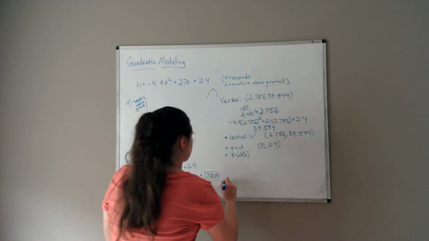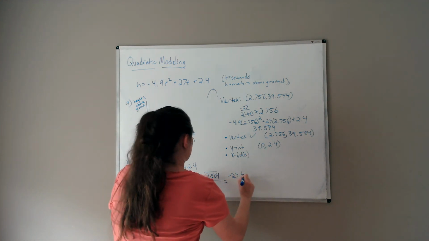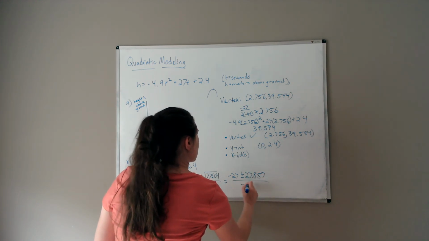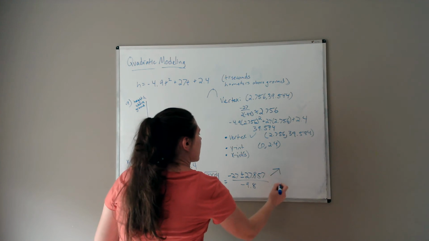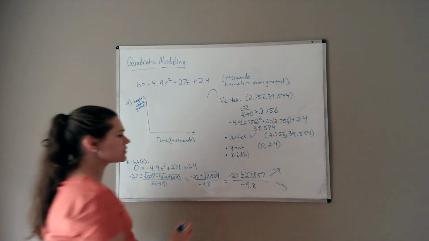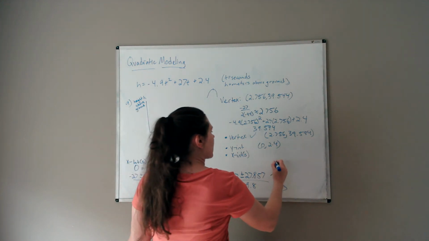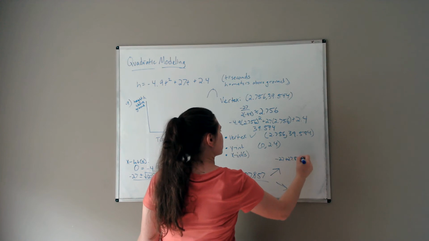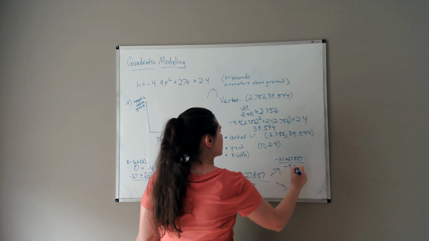So that's going to give us negative 27 plus or minus 27.857 all over negative 9.8. So now let's go and get our two x-intercepts. Remember, when you put this in your calculator, this is negative 27 plus 27.857 all over negative 9.8.